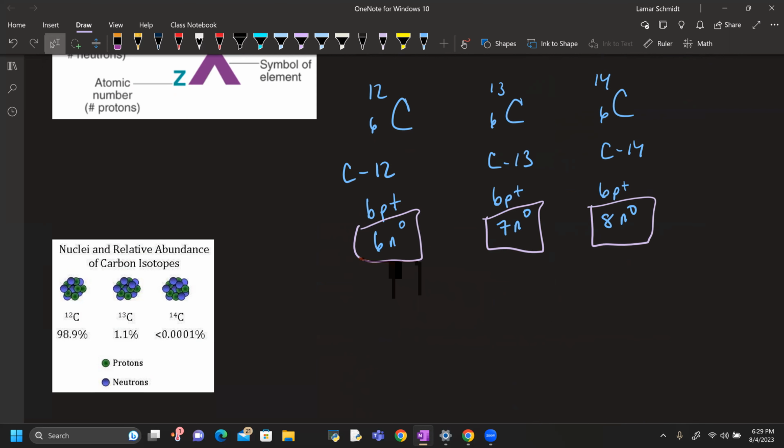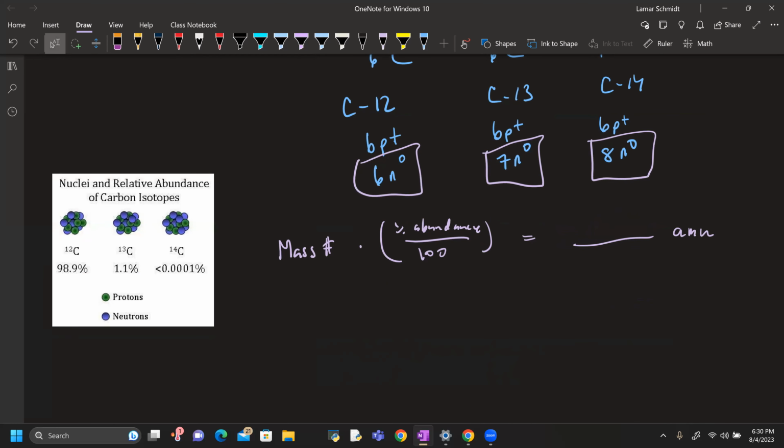So they did this and they got this data, and what we're going to do is take the mass number and multiply that by the percent abundance divided by 100. And this is going to give us our mass in atomic mass units. And we're going to do that for all 3.